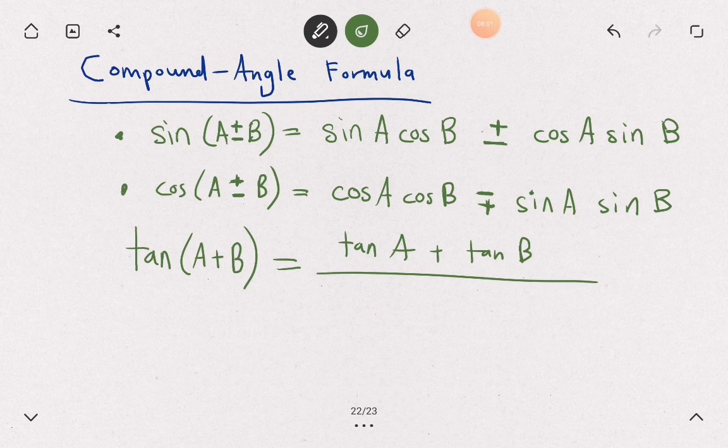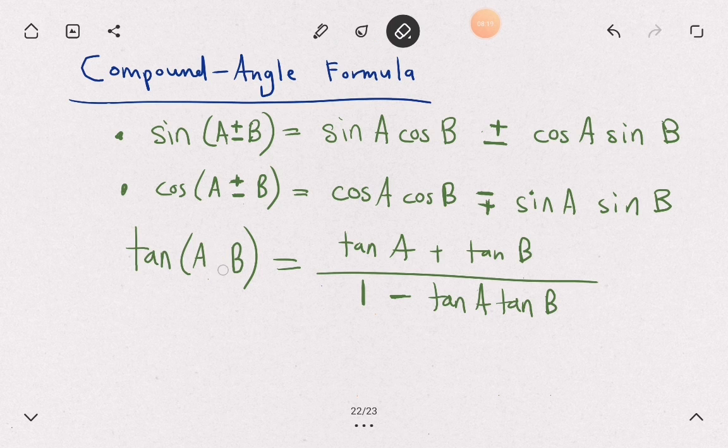Eventually, with some manipulation, you will get the answer. I'm not proving it right now, but this is what you get: 1 minus tangent A times tangent B. So this is the formula for tangent.